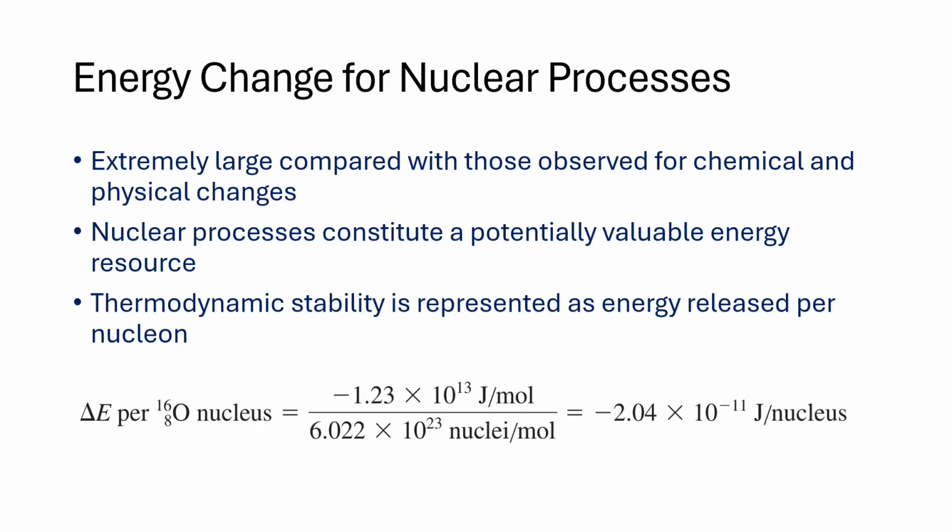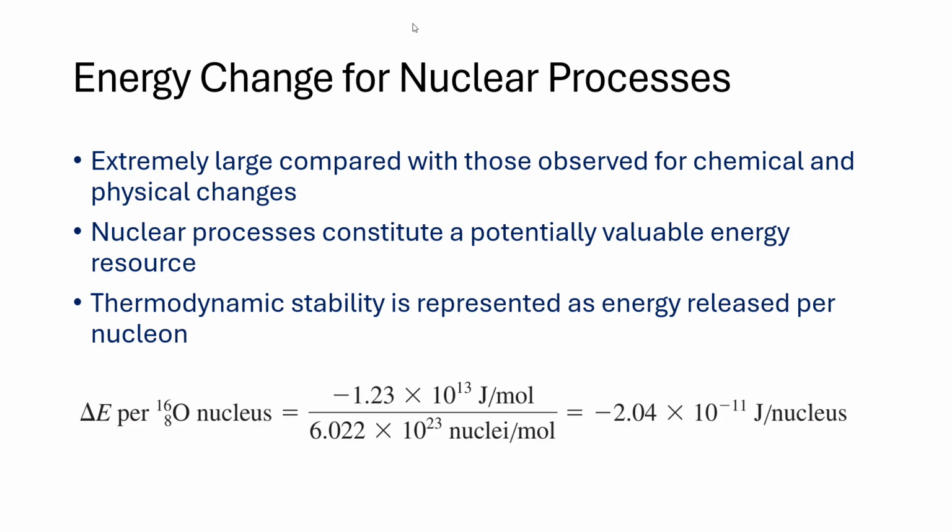Okay. Now we also have something called the energy change for nuclear processes, right? The energy changes for nuclear processes are extremely large compared with those observed for chemical and physical changes, just because of the amount of energy they release.